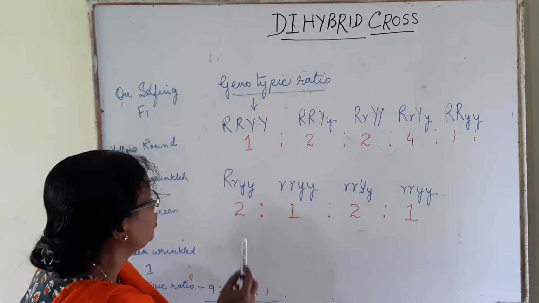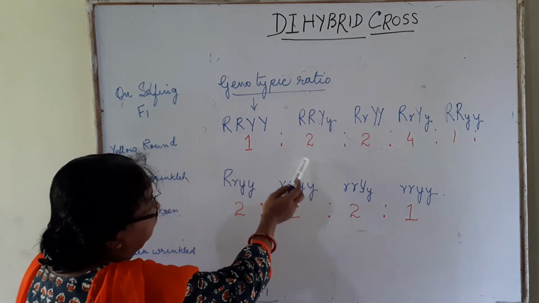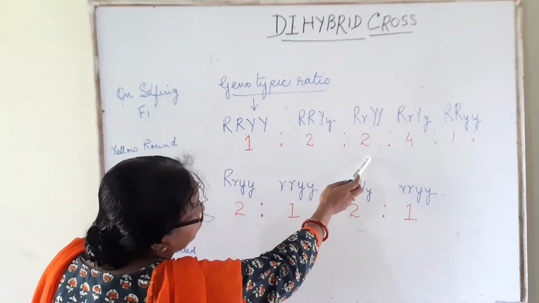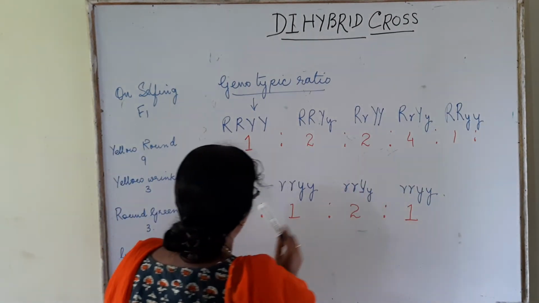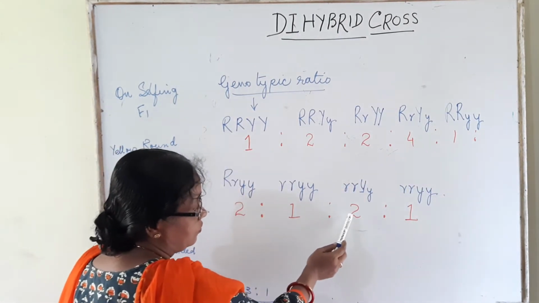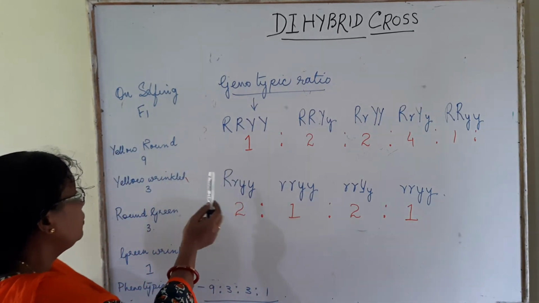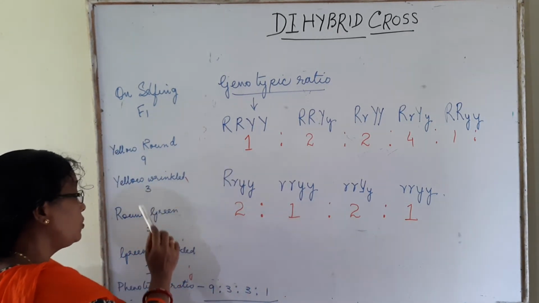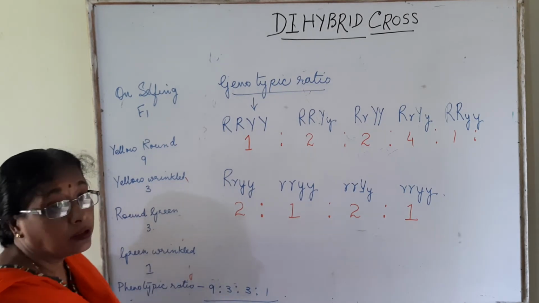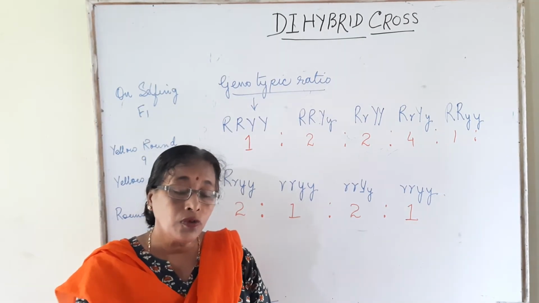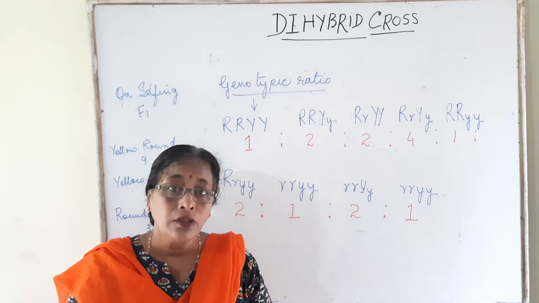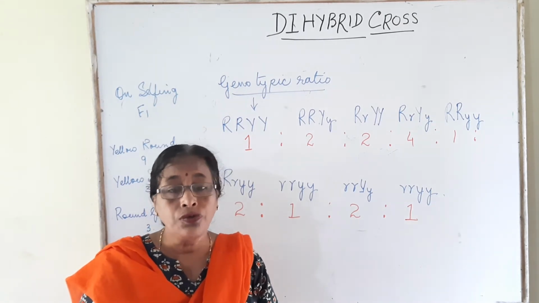The genotypic ratio that Mendel got was like this: 1:2:2:4:1:2:2:1:2:1. That means the phenotypic ratio that Mendel got was 9:3:3:1. So this was the dihybrid cross which Mendel performed with 2 genes.